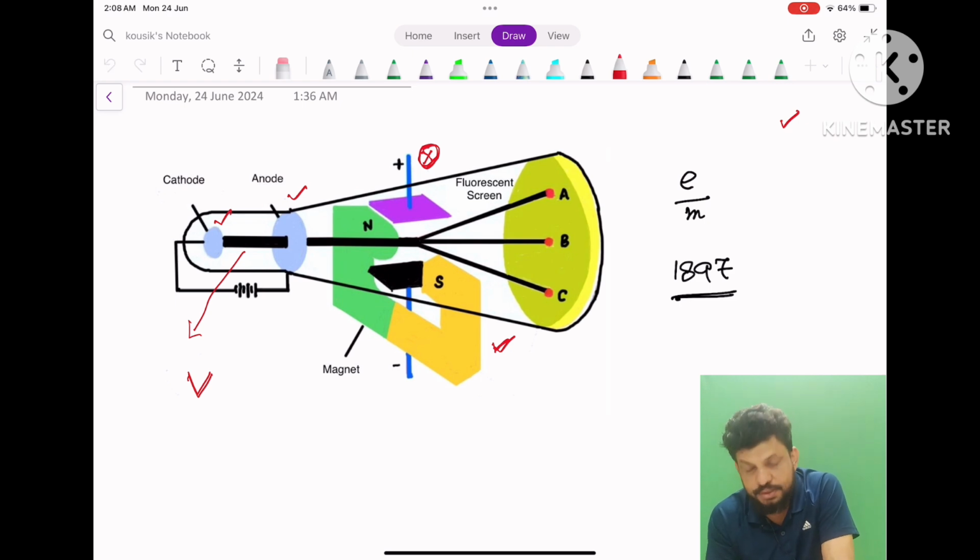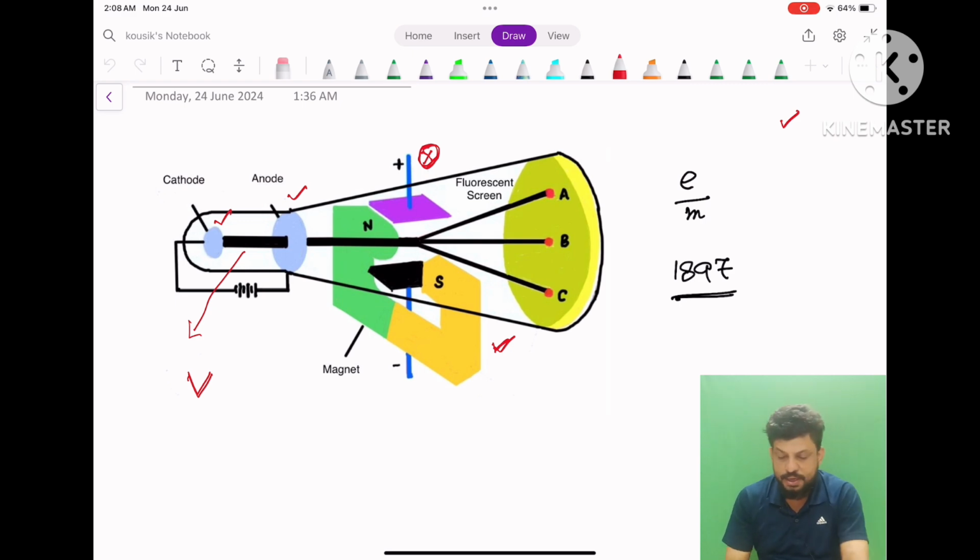When it comes into the magnetic field, it deviates from its path and hits the fluorescent screen, like ZnS or AgBr, and creates a bright spot on this fluorescent screen, and C is the bright spot.